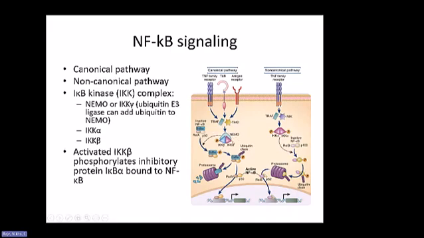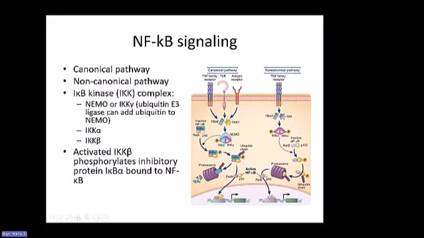But this whole complex, the I-kappa B kinase complex or IKK, is going to be important to phosphorylate, to add a phosphate molecule to the inhibitor of kappa B. When that inhibitor of kappa B is phosphorylated, it gets ubiquitinated so that it's going to be degraded. When that happens, the NF-kappa B part is released and can go to the nucleus so that it can help with transcription.